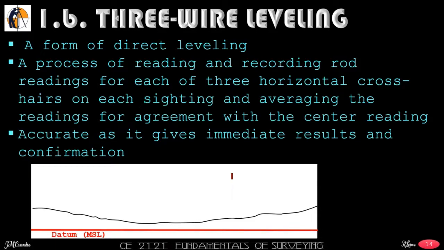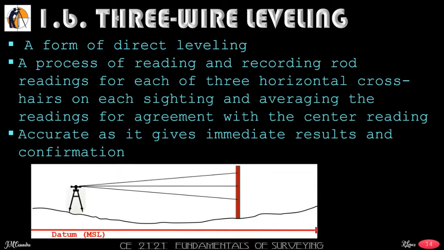So let's see, we have here your ground. This is our datum or your mean sea level. We will be reading the elevation of point A. Upon reading, we will have 3 crosshair readings. This is the height of your instrument, again from the center to the datum.